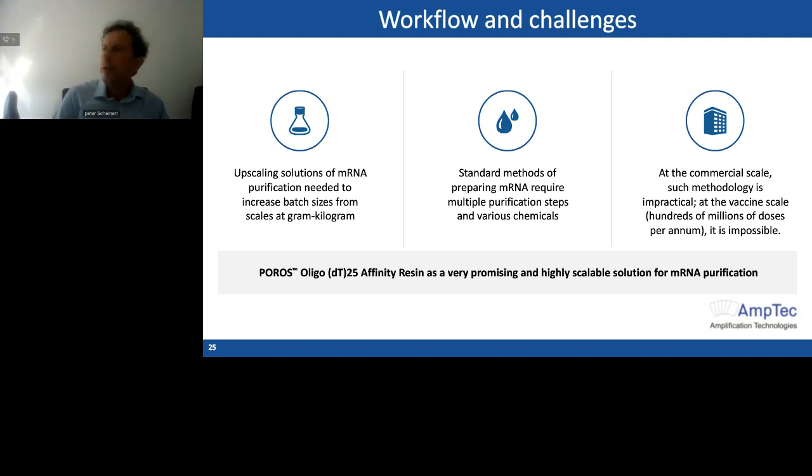I've mentioned that already before: in the case that the clinical trials are successful or even enter the market, a tremendous, and recently a customer told me an epic, increase of mRNA needs will occur. This will mean that we have to take care of upscaling solutions, especially for purification, to increase batch sizes from small scale.